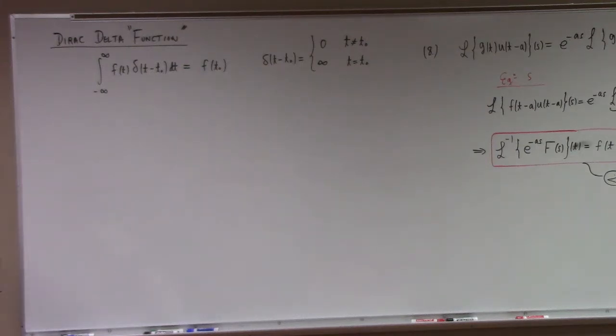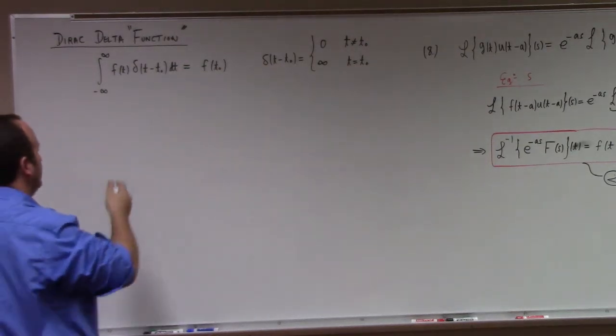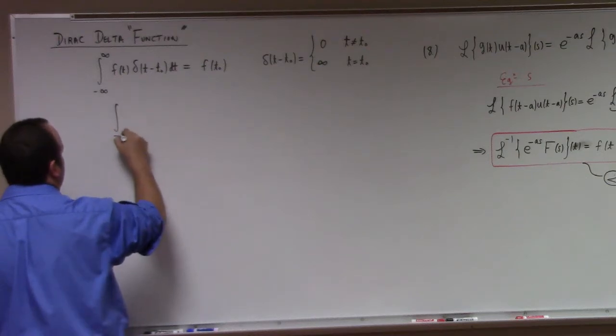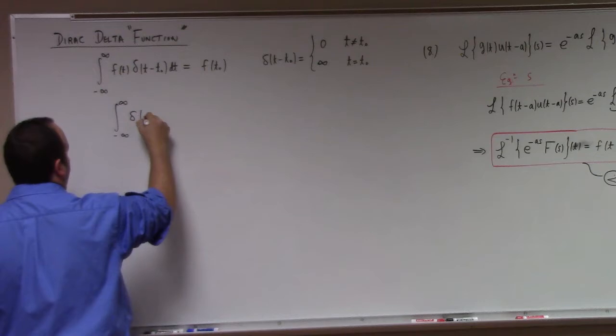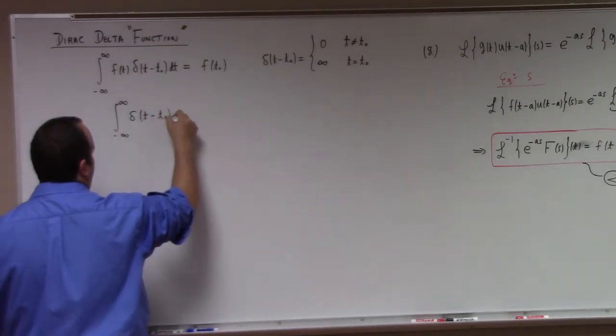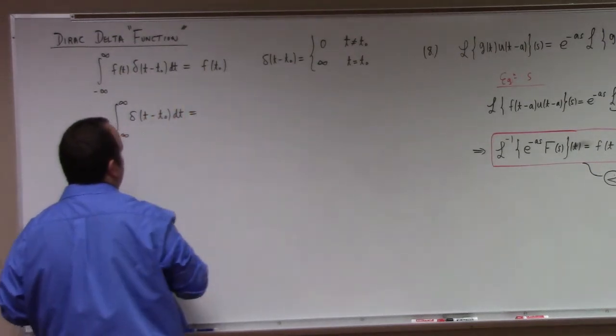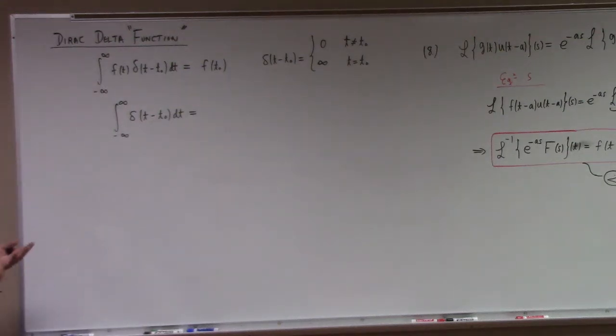So, for example, if you were just to integrate the delta function itself, what would that work out to? The function that we're thinking about there is just the constant function 1. So that works out to just 1, right?